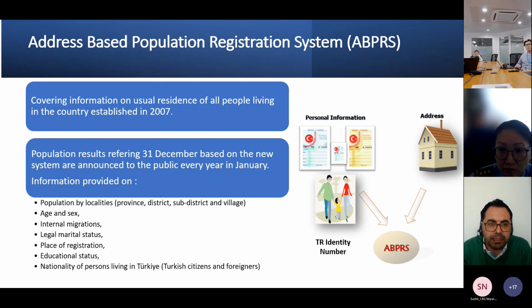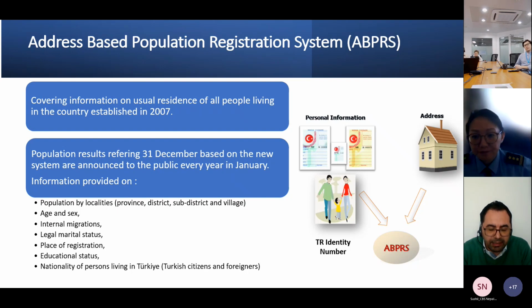All the people living in the country are covered in their usual residence and recorded with their unique Turkish identity number in the system. So the addresses, the identities and the personal information of the people are matched and recorded in the system.